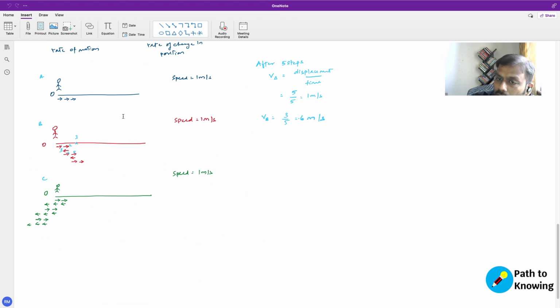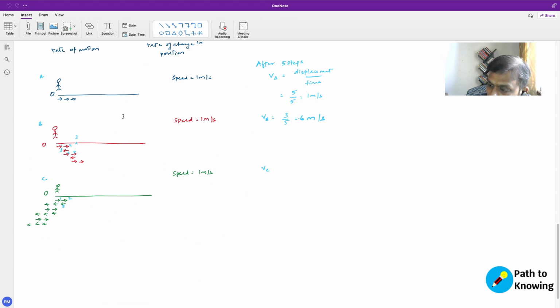Right. Now comes the interesting part. What would be the velocity of C? Now after taking 5 steps, where will C be? So here, this is after taking the first step. This is after taking the second step. This is after taking the third step.